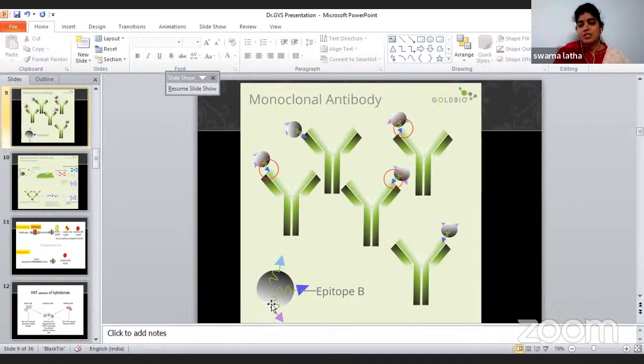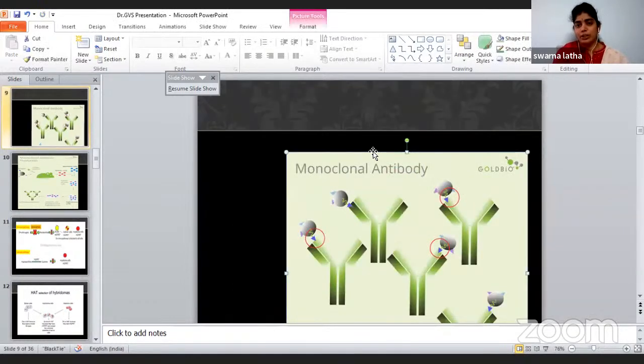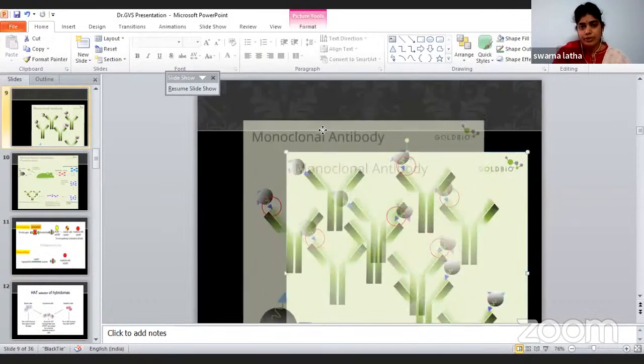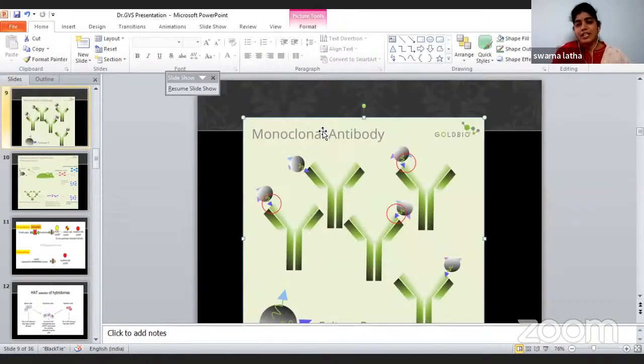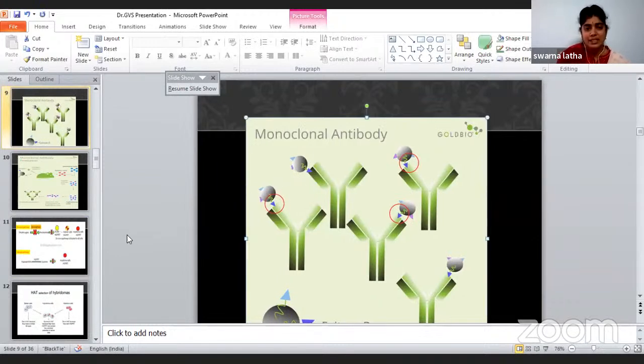Here you can see the same antigen, but the produced antibodies are all interacting with epitope B only. See here, you can make out the difference. Such antibodies which are produced from a single B clone are called monoclonal antibodies.